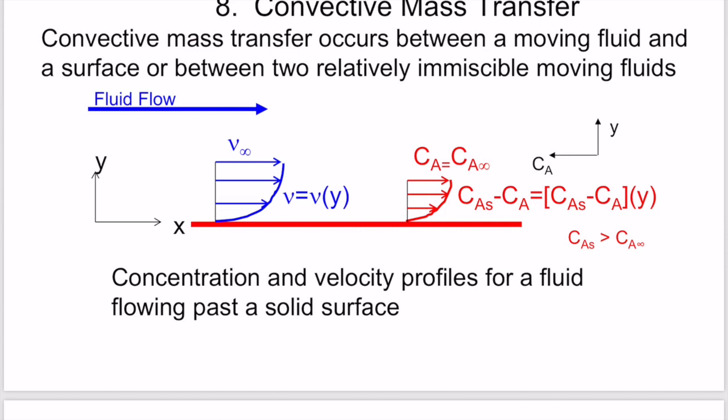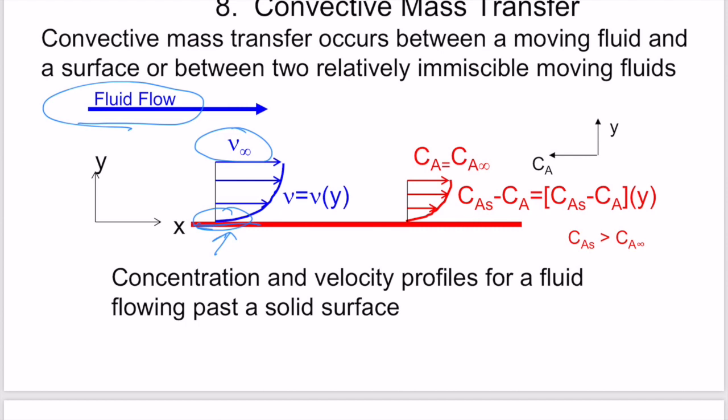In this case, you've got fluid that's flowing at a velocity of v infinity, and it hits this flat plate. It hits it, and the friction between the fluid and the flat plate causes it to slow down up next to the flat plate.